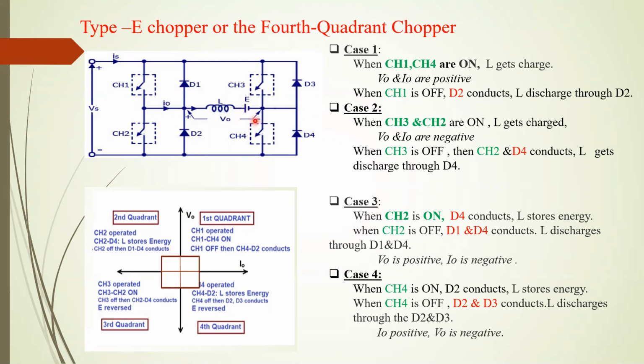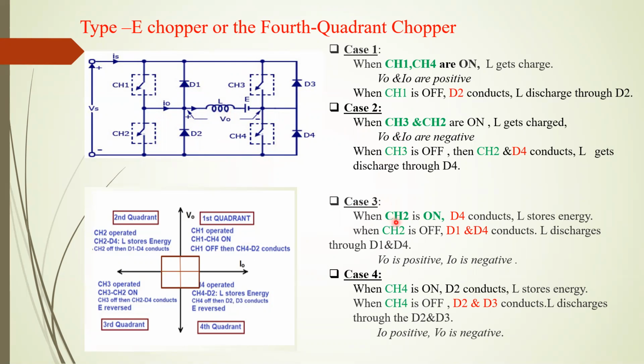The discharging current flows through CH2. That is, the path is L, load to CH2 to diode 4 to load. This is the path where we can observe the freewheeling of the discharging current.